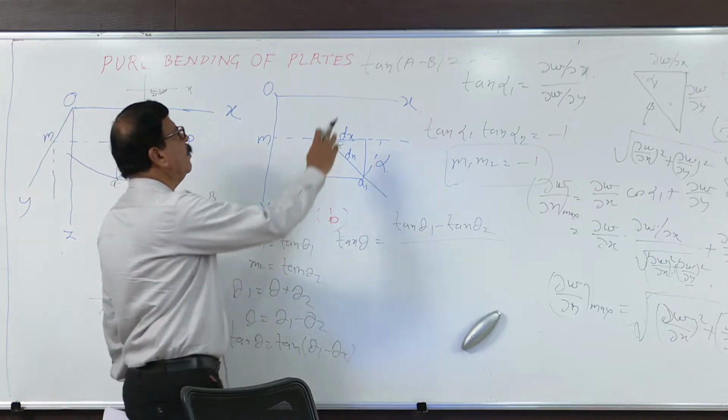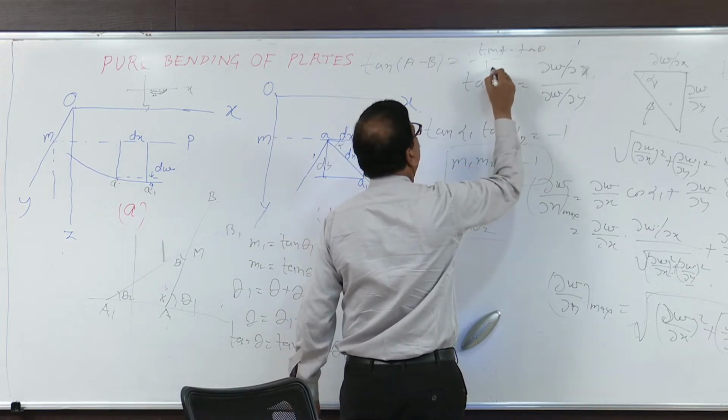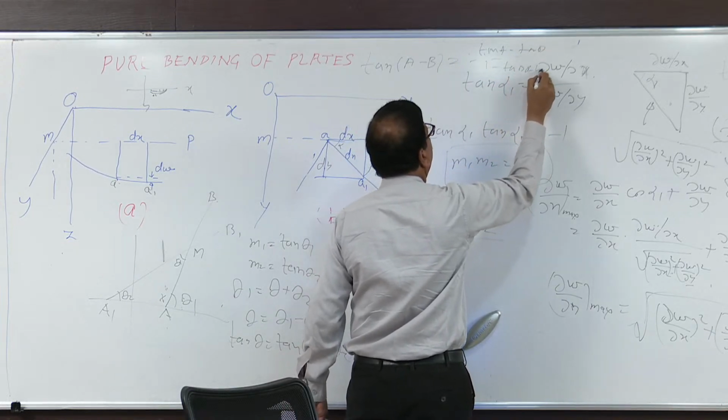So it is tan A minus tan B upon 1 plus tan A tan B, if you remember.